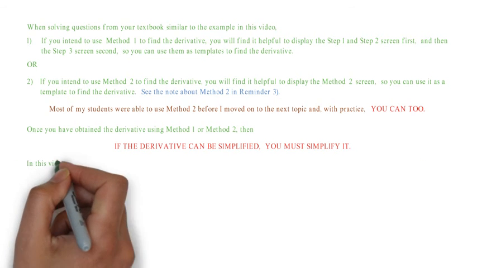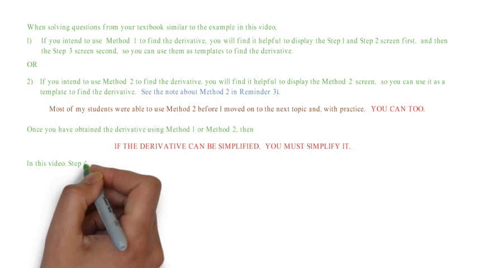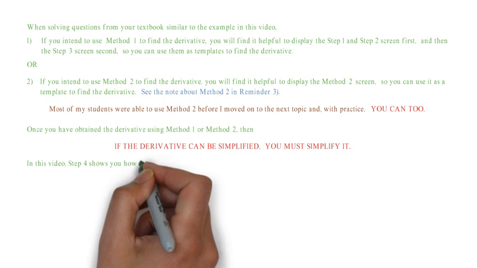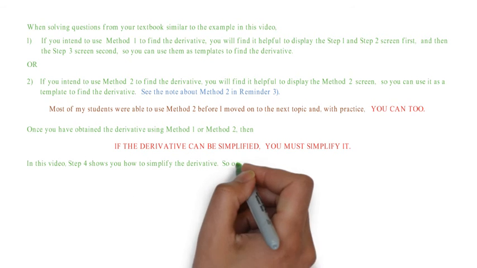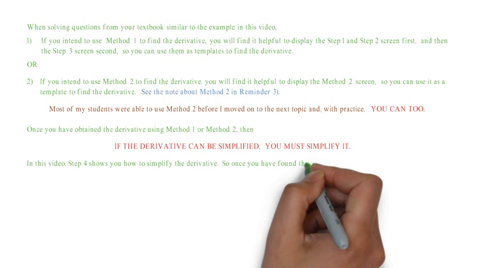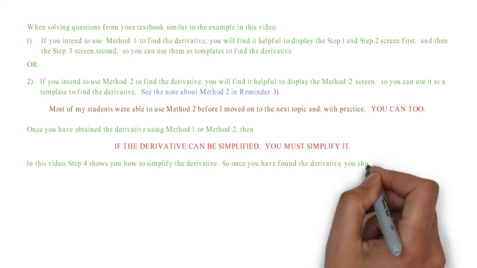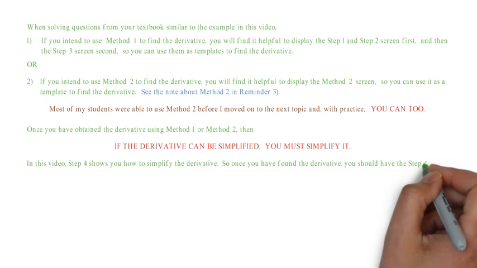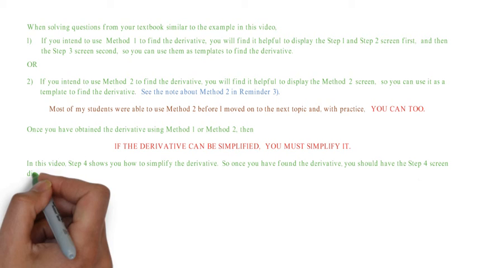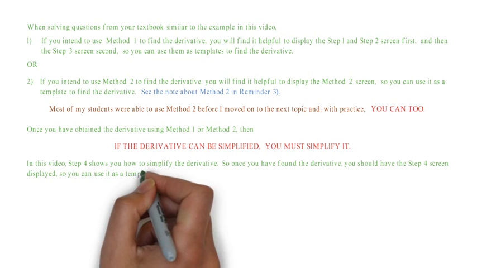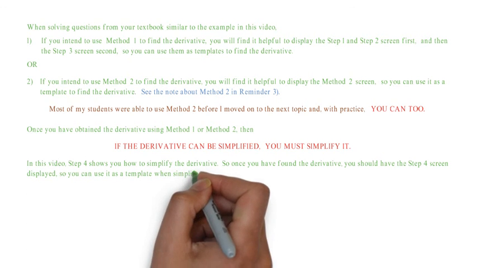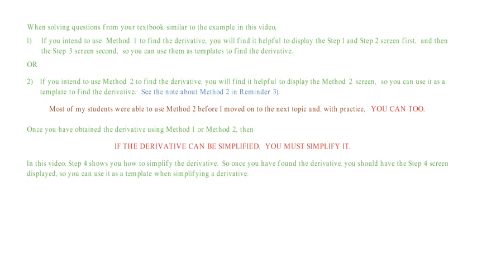In this video, Step 4 shows you how to simplify the derivative. So once you have found the derivative, you should have the Step 4 screen displayed, so you can use it as a template when simplifying a derivative.